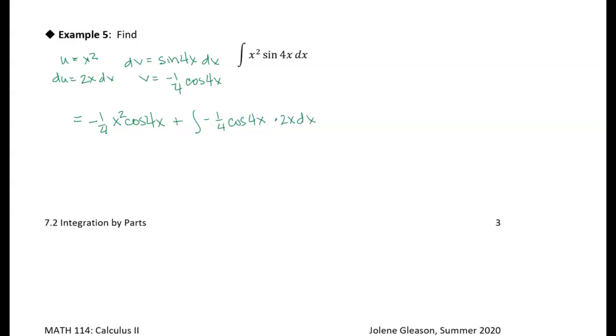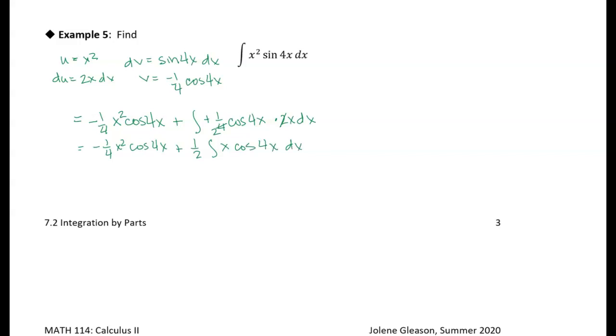First of all, I've got this minus and negative, so I'm going to make those positive, and then I can make this into 1/2 and cancel this too. Let me rewrite that so it looks a little nicer. I get minus 1/4 x squared cosine of 4x plus, I'm going to bring the 1/2 out front, and then the integral of x cosine of 4x dx.